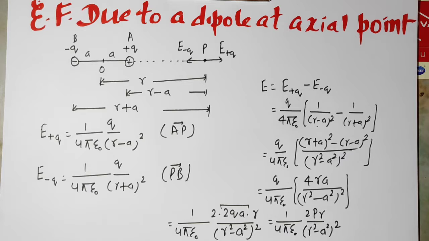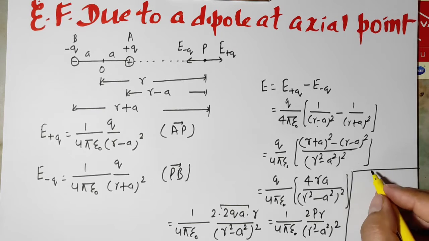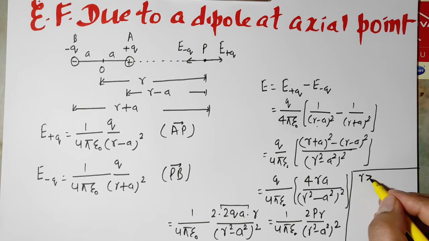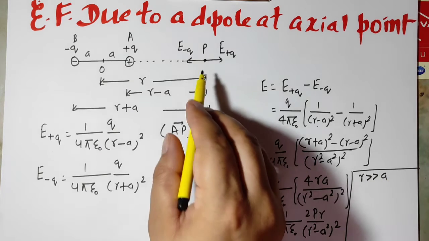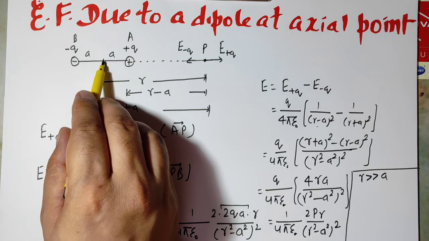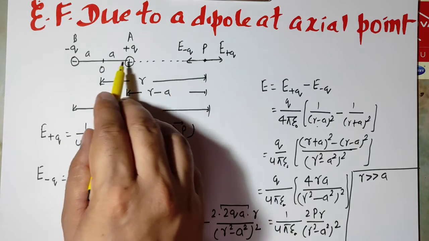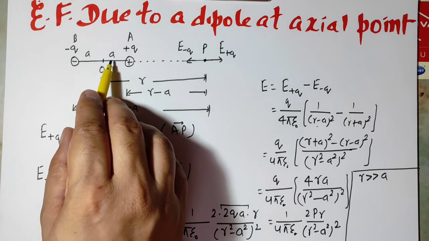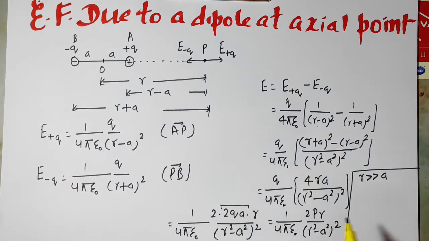Now, since r is much greater than a, because this point is far away and this distance is much more than this a, we can ignore a here. Since a is very small, a square will be even smaller. So in r square minus a square, a square can be neglected, and we have r to the power 4 in the denominator.